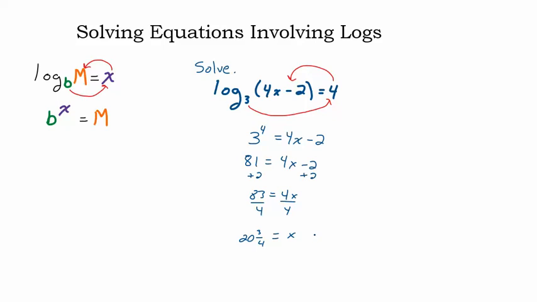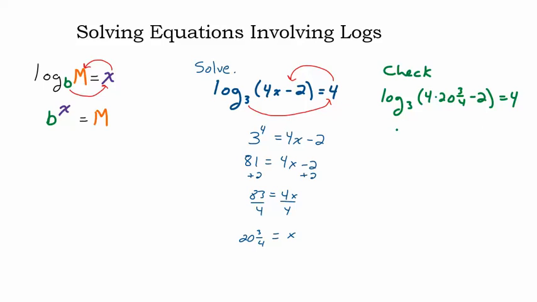Let's test it out. Let's check it. So if I come over here and I plug 20 3/4 into my equation, I would have log base 3 of 4 times 20 3/4 minus 2 equals 4.